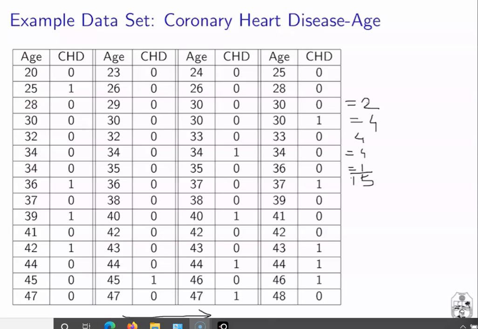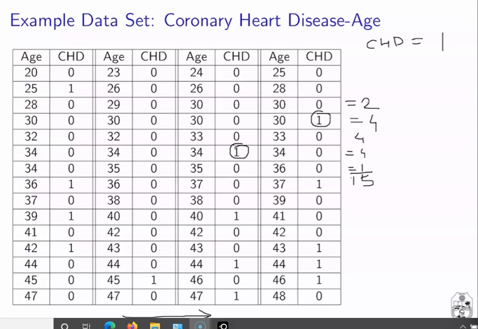And out of these 15 entries, how many have the value CHD equal to 1? On this there is no person, here there is one person, here there is no person, here there are two persons, one person, and here there is nothing.